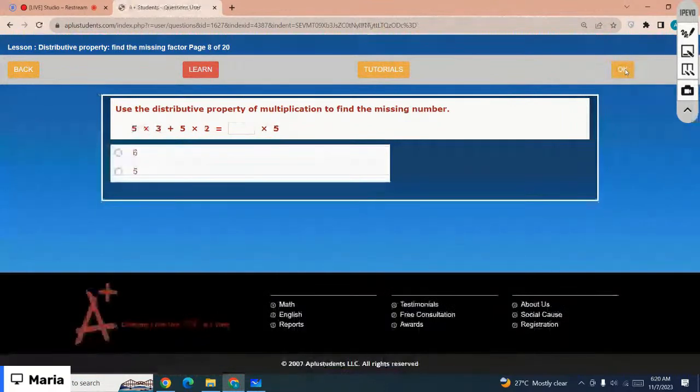Use the distributive property of multiplication to find the missing number. So which number? 5 is missing. Okay, you can complete the lesson by yourself later today. Let me just move on to next lesson.